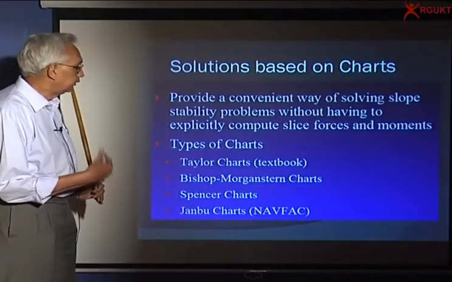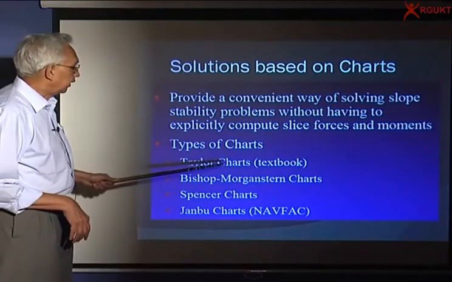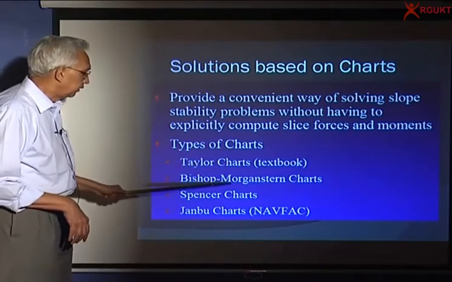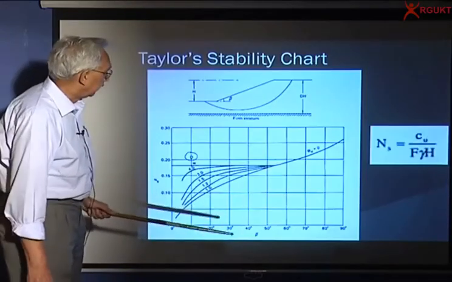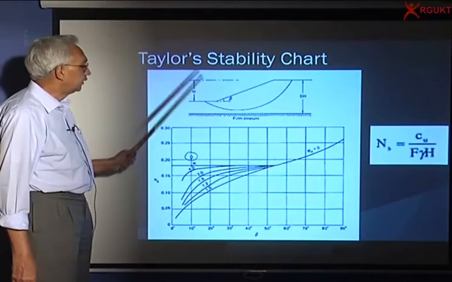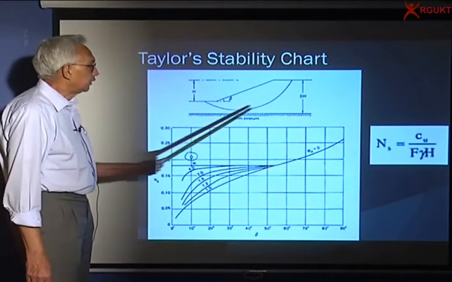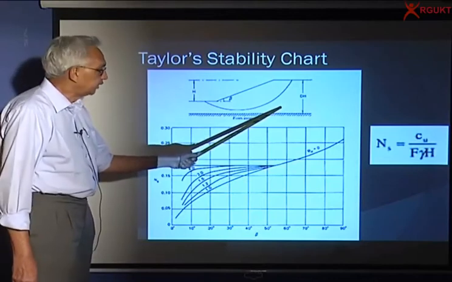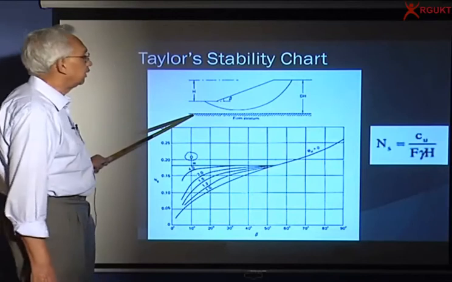So in order to do this, we have different types of charts which have been given. Let's look at only Taylor. These are all advanced ones, we don't look at them. Here is the Taylor chart. He has considered a slope of height h. The soil has only undrained strength Cu. The hard stratum is at a depth d times h.